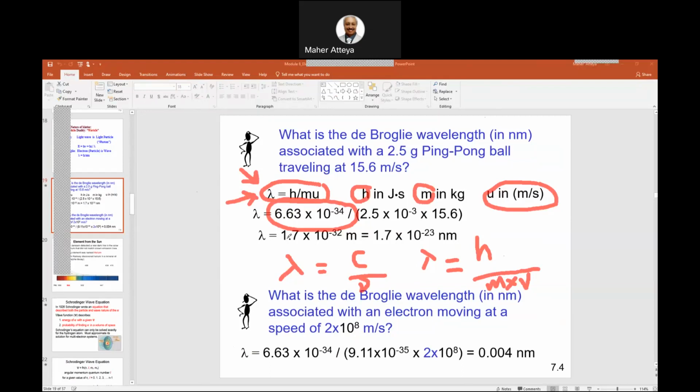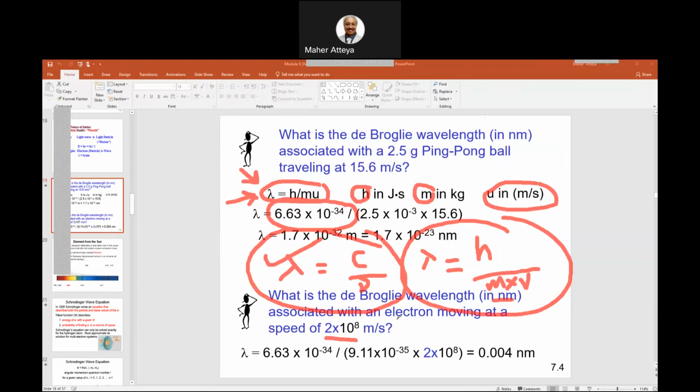I have not seen the Berkeley question that much. I did not see it that much asked, but this one is almost in every exam. This one is asked in every exam, concept or calculation. Here they give you what's the Berkeley wavelength in nanometer, they give you the speed is this.